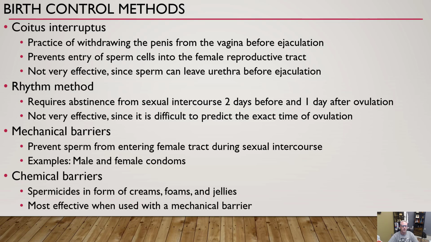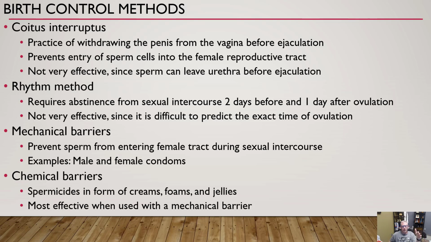The rhythm method requires abstinence from sexual intercourse 2 days before and 1 day after ovulation. Well, this isn't very effective because one, you don't know the exact time of ovulation, and two, sperm can live inside the body for 5 days.